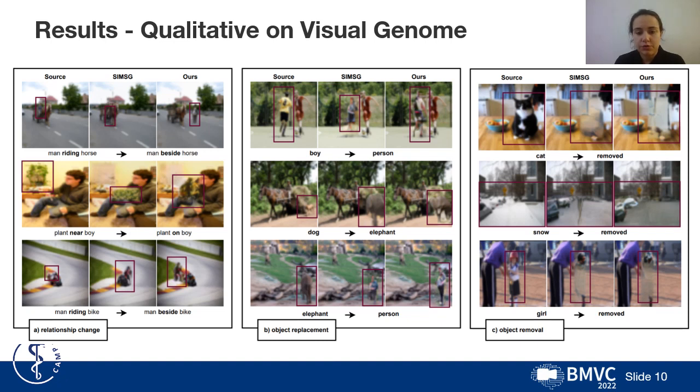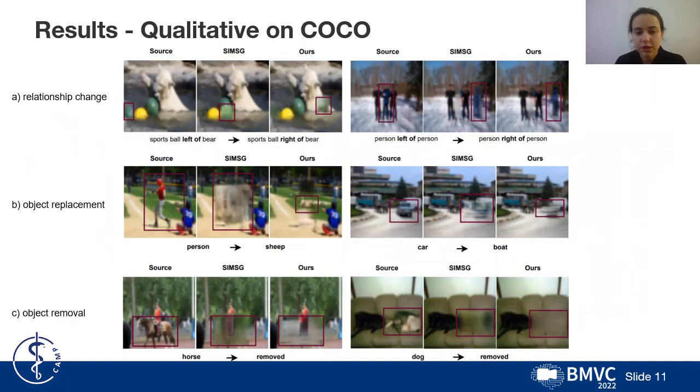For example, if you look at the replaced objects in the middle column, the generated person looks more realistic. And if you look at the relationship changes, the image manipulated by our method represents the specific scene change better and also preserves the appearance of the person better. And here you can see some qualitative results on the COCO dataset, which is again consistent with the previous results.